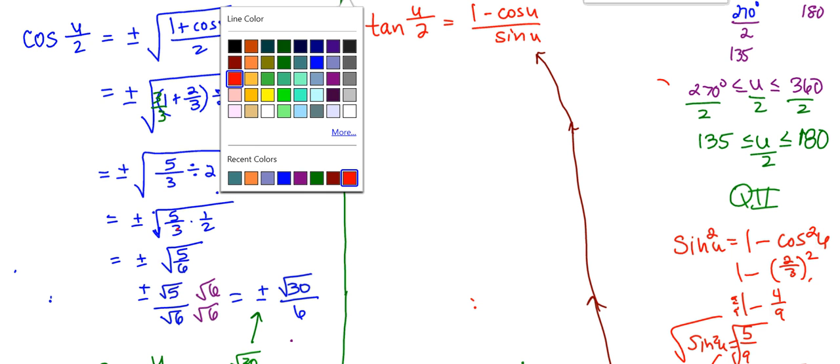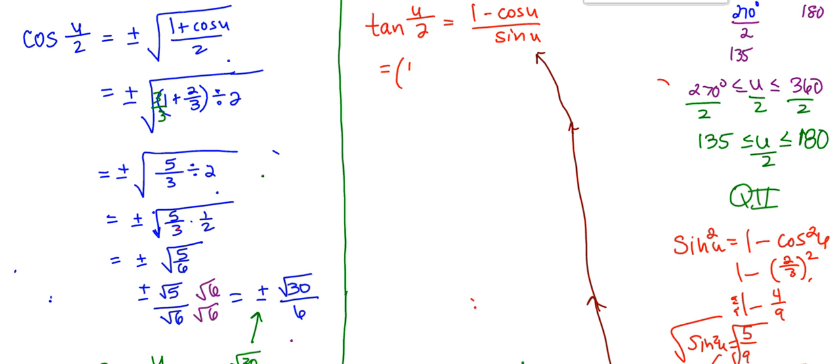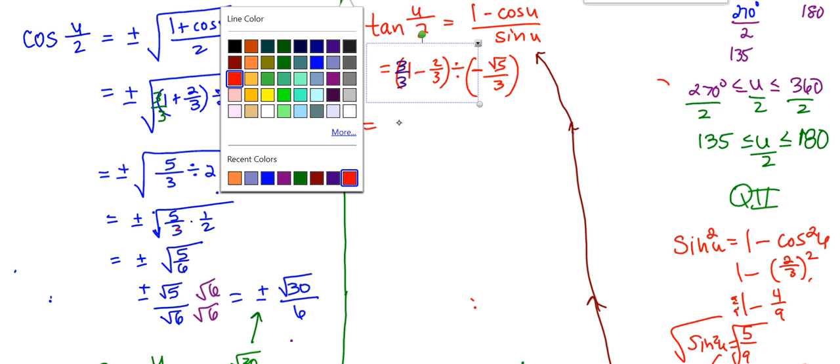All right, here we go. We're going to have on top 1 minus 2/3 divided by negative square root of 5 over 3. Again, imagine that common denominator, 3 over 3.